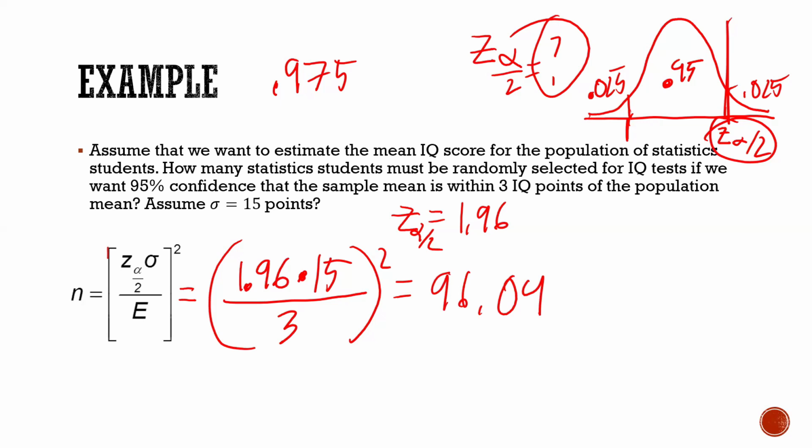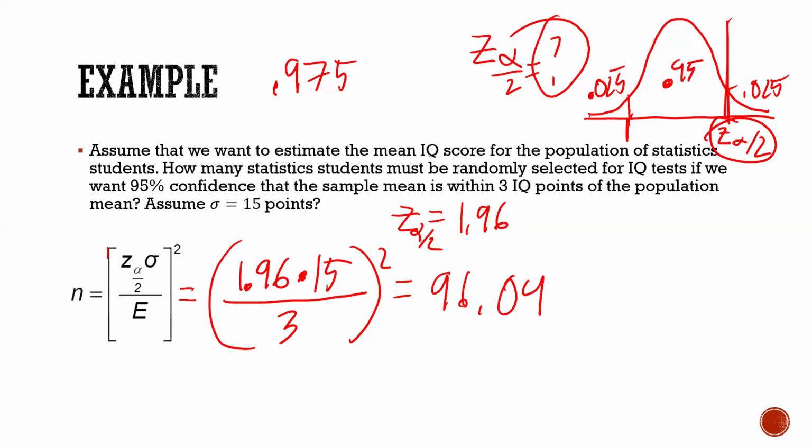So the required sample size is actually, Regina told us earlier how to interpret this number. So this is n. N represents everybody. N, sample size. Can I have a sample size of 96.04? Correct. So our required sample size is 97, right?